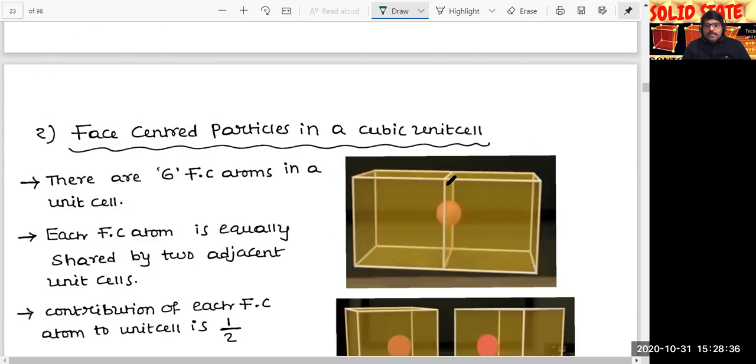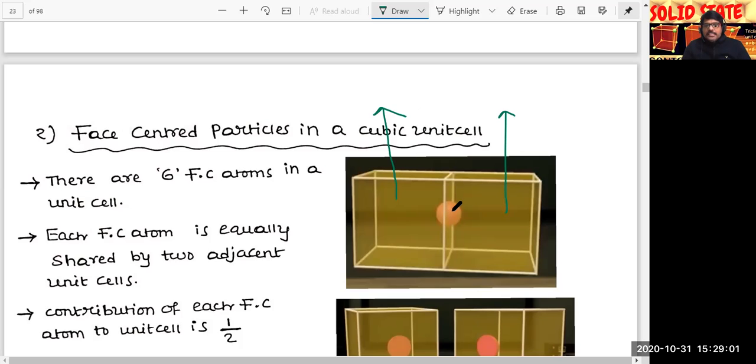For example, take a face-centered atom: the particle present at the center of a face. This is one unit cell, this is another unit cell, and between these two unit cells there is a common face, and the particle is sitting at the center of this face.